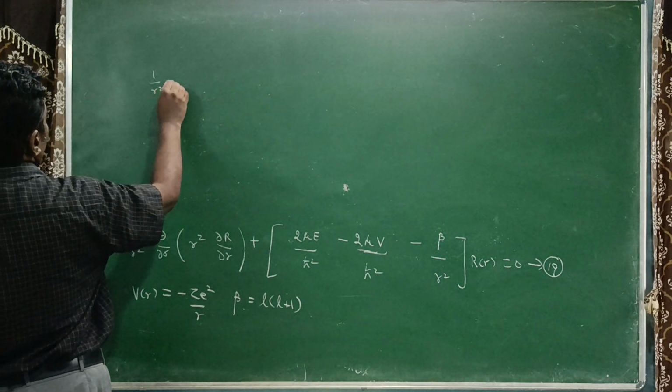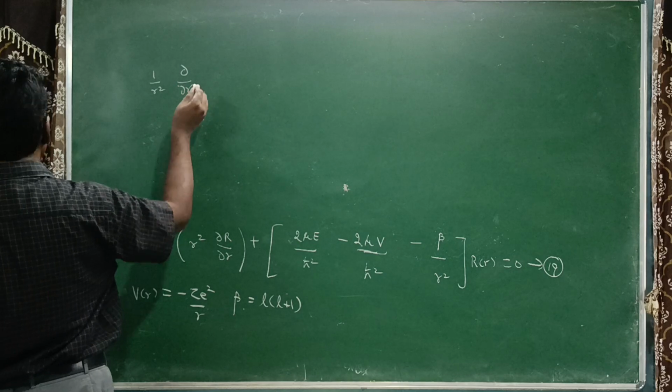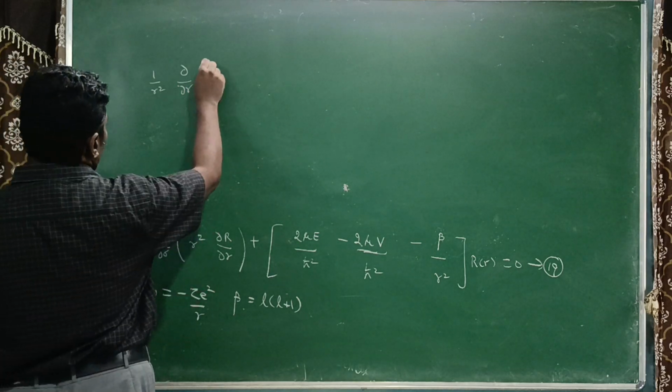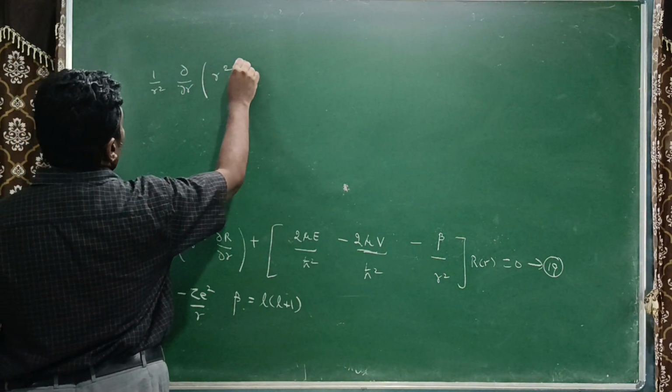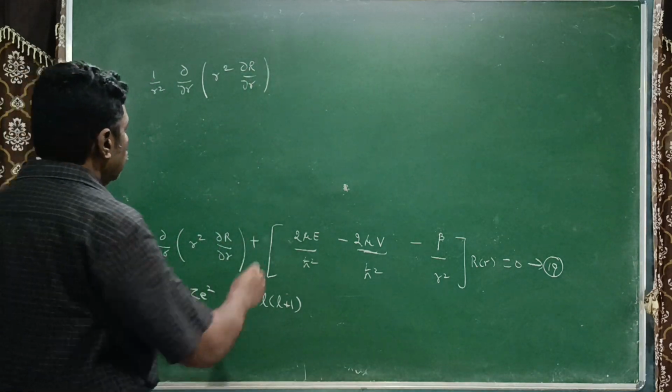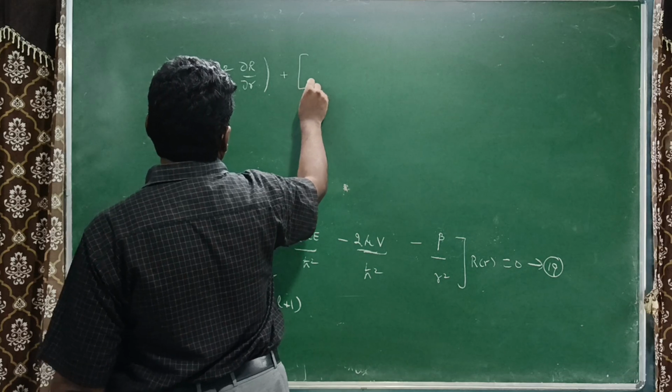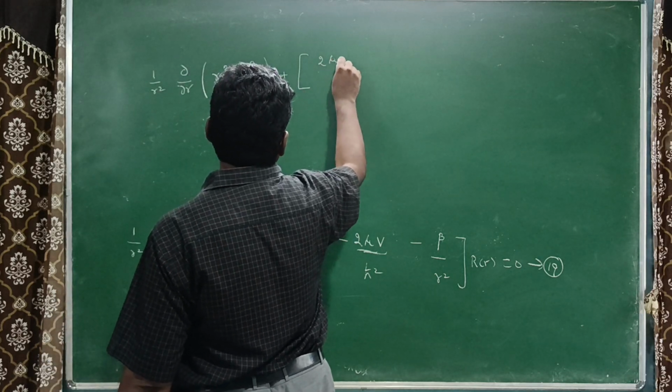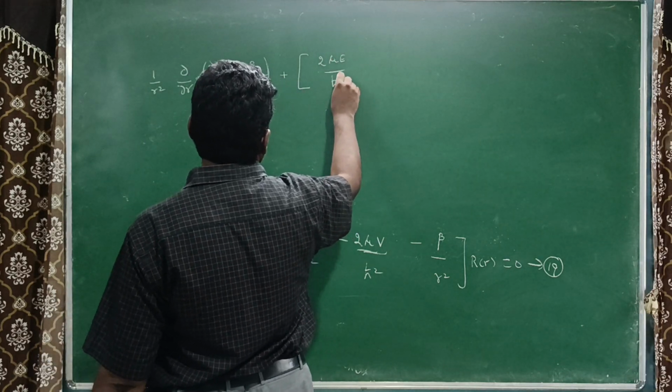1 by r square dou by dou r of r square dou capital R divided by dou small r, plus 2 mu E by h cross square.